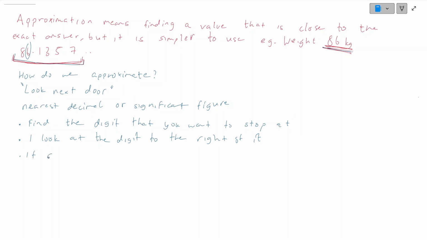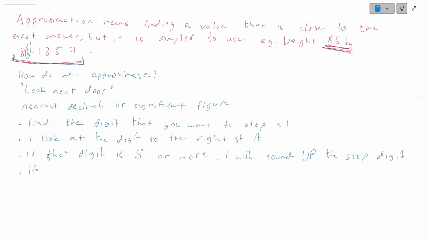If that digit is 5 or more, I will round up the stop digit, the digit from step 1, the digit where I stopped at.